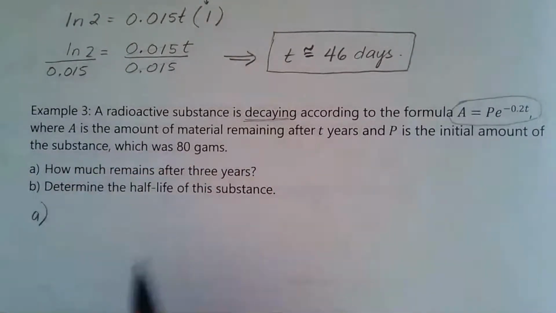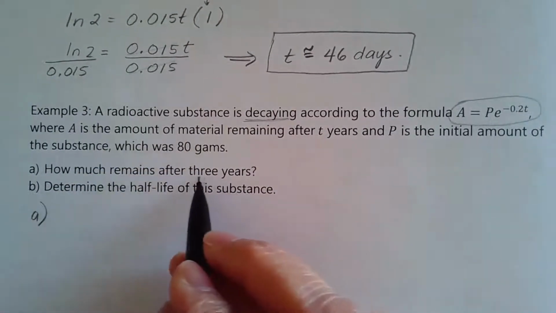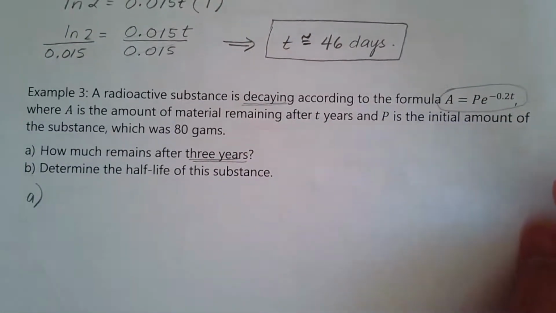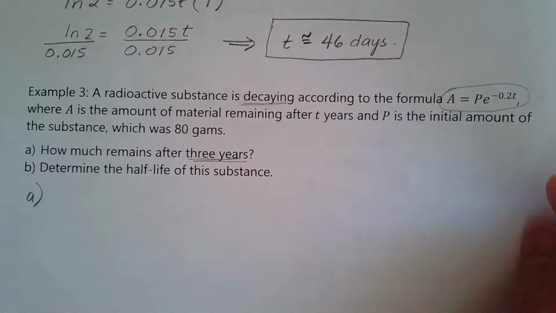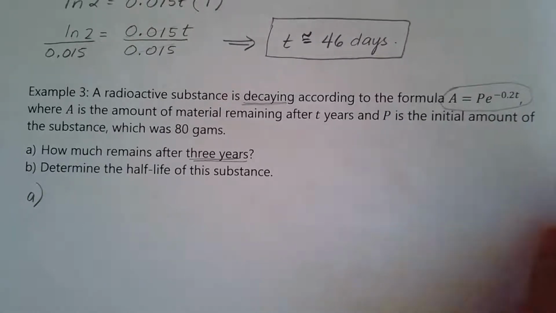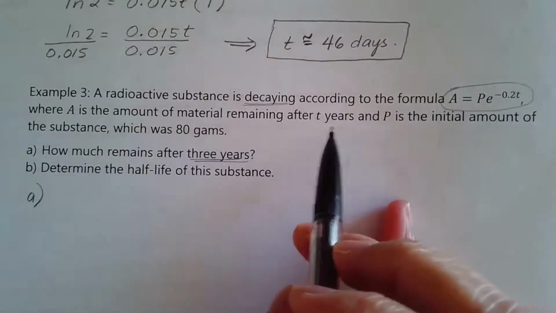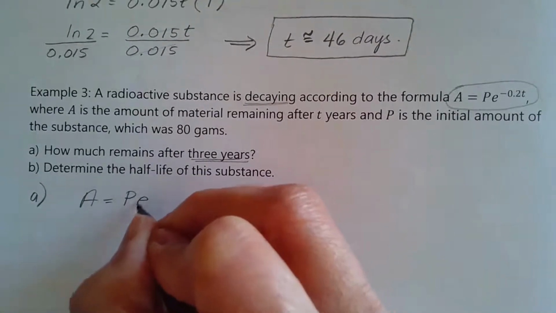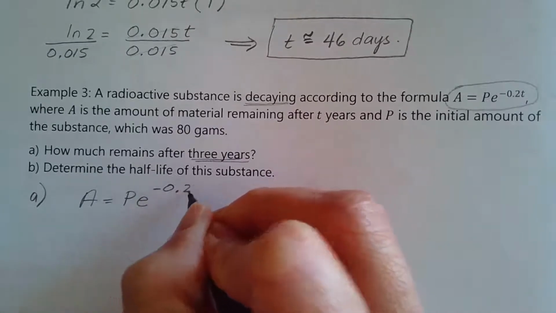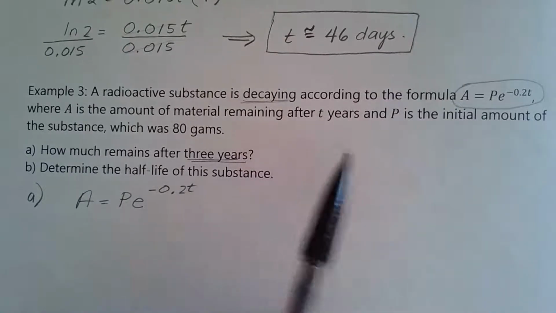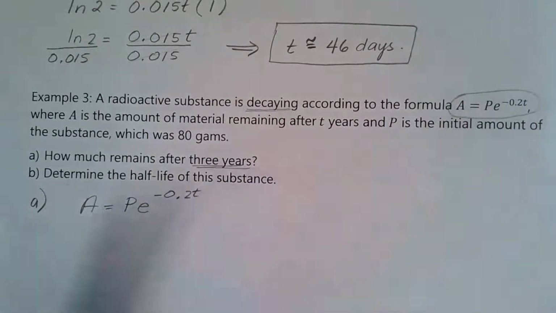A. How much remains after 3 years? In this particular case, all of the information given to us is in years. So A is equal to P times e to the negative 0.2t. How much remains?